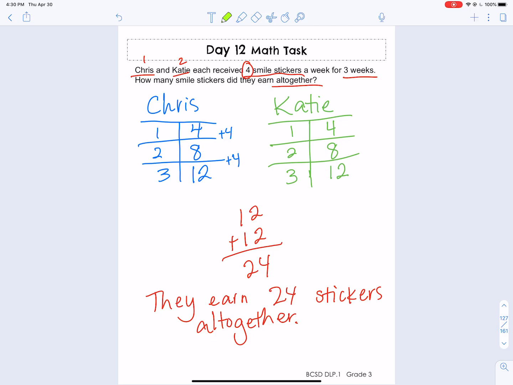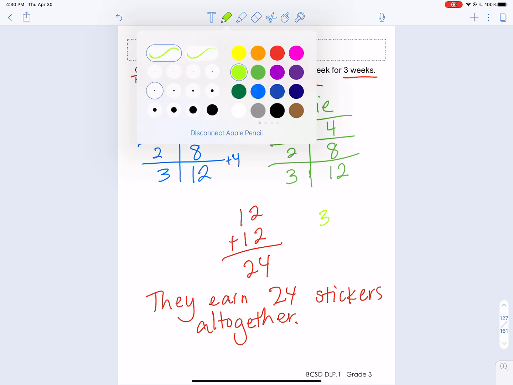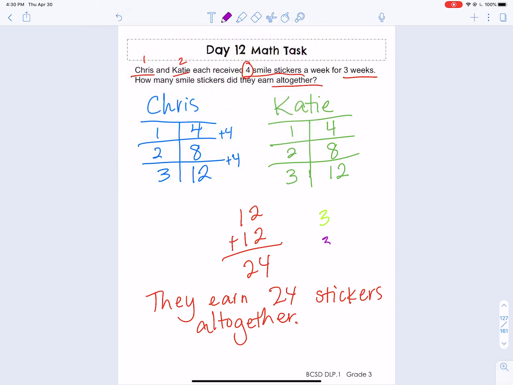Because really what we did for this is we did 3 times 4 times 2. If we had written this out as a multiplication sentence, that is the multiplication sentence we would have used. So I can look and see what kind of language they used in the math task, and I can use that to write my own math story, okay?